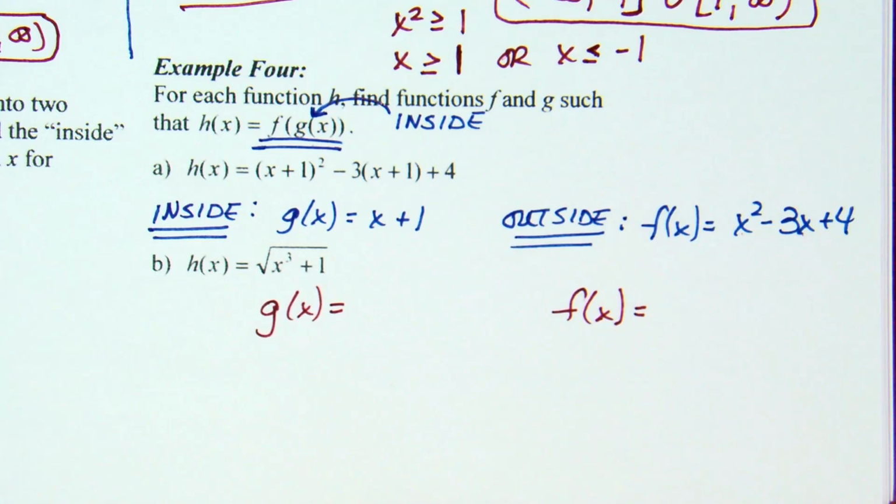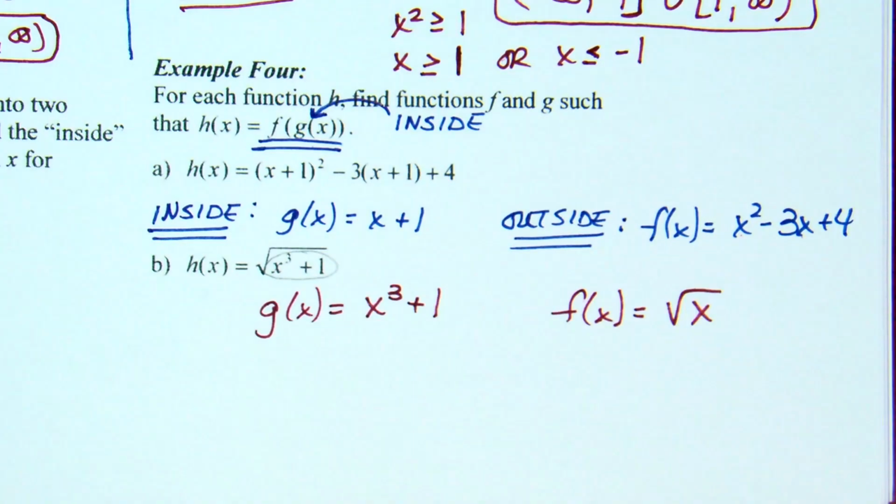What's your thought, Ashley? I think g of x might be x cubed plus 1. Okay, and f is the square root of x. So she's saying g of x is x cubed plus 1. Now basically, take that x cubed plus 1 out and replace it with what would have been in place of it originally, x.